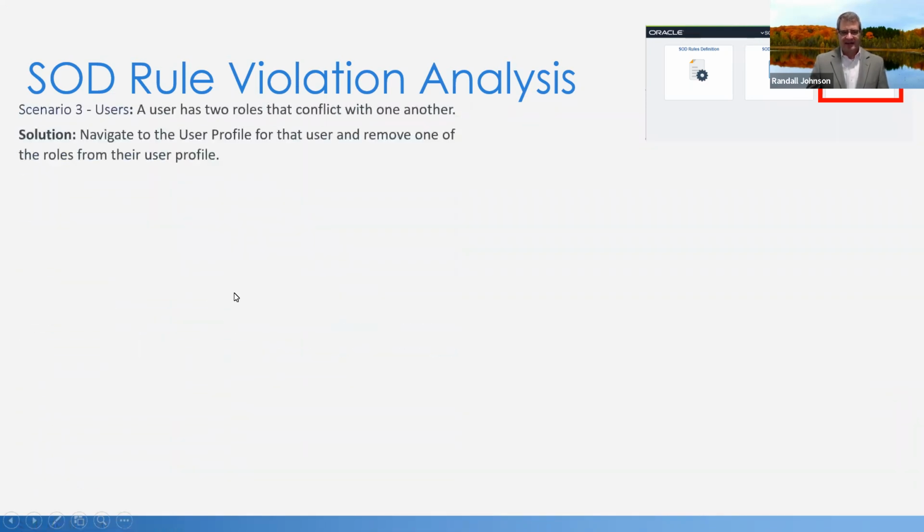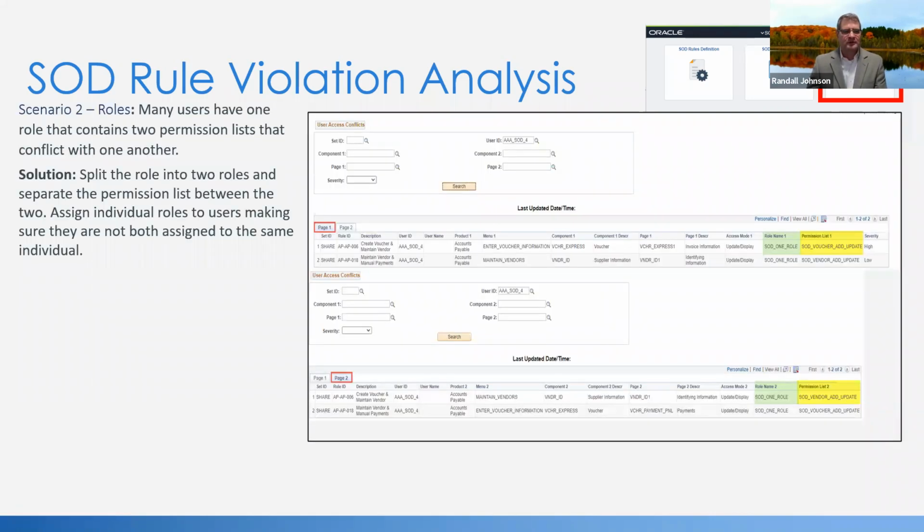Sorry, that was a single role that had multiple permission lists that were causing the violation, okay? So you look at the role, you figure out which two permission lists are in conflict, and fix it at the permission list level, or you split the role.